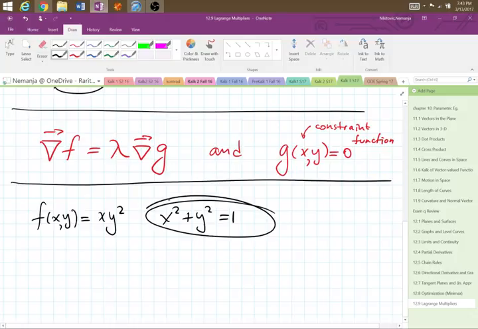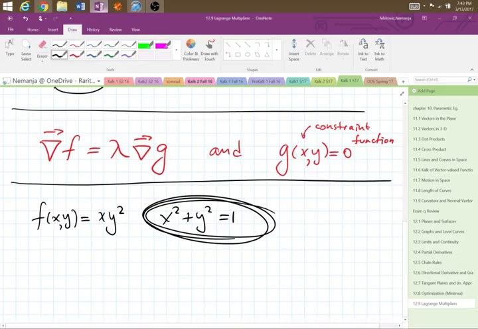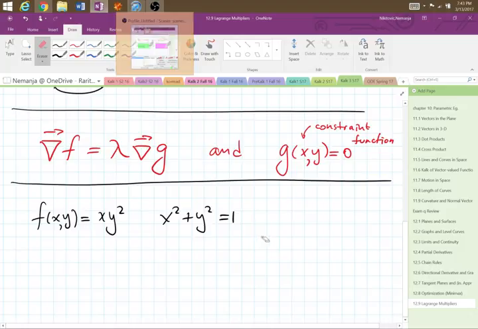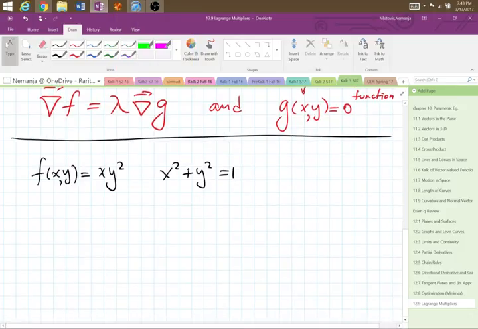You will know immediately which one is the constraint. It's a complete equation. Your constraint, the complete equation, is not equal to a number. It's equal to a z.